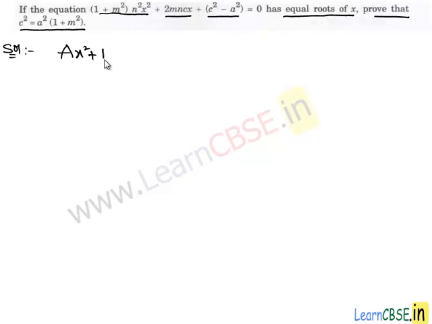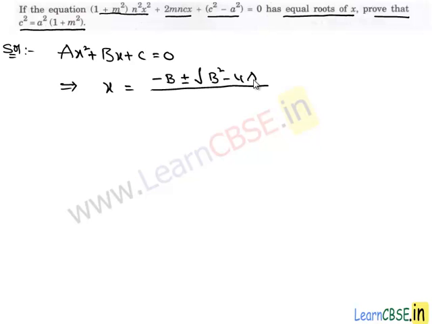If ax² + bx + c = 0 is a quadratic equation, then the roots of this equation are x = (−b ± √(b² − 4ac)) / 2a.